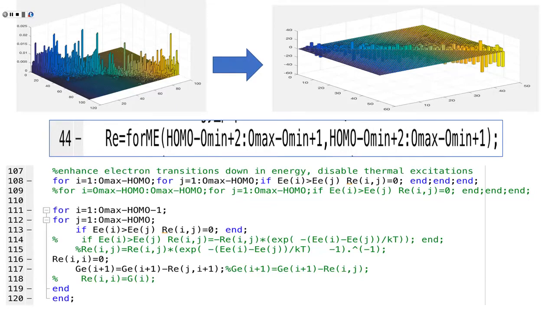Another thing: right now, the RRR file has equal probabilities for going up and down in energy, like from LUMO to LUMO plus 1, and from LUMO plus 1 to LUMO will be the same rate.